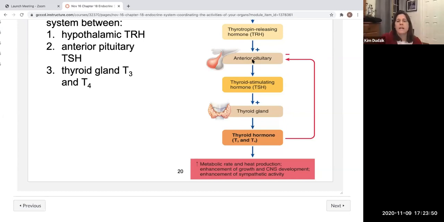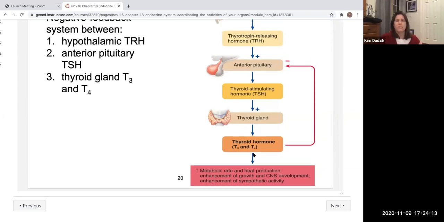And when those levels get high enough, that's a negative feedback on the anterior pituitary, and it stops the release of thyroid stimulating hormone, which then the thyroid gland ramps down its production and release of T3, T4. And so we just kind of go back, hopefully everything homeostatically regulated. If this gets too low, we can increase it again.